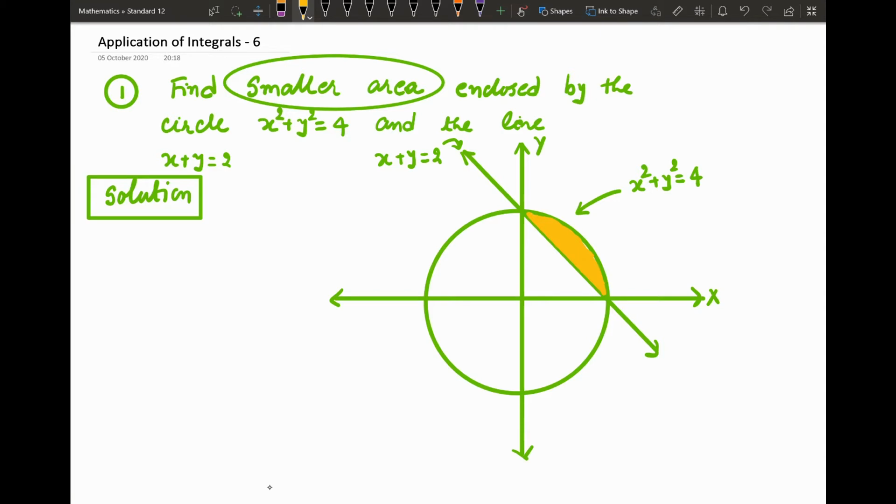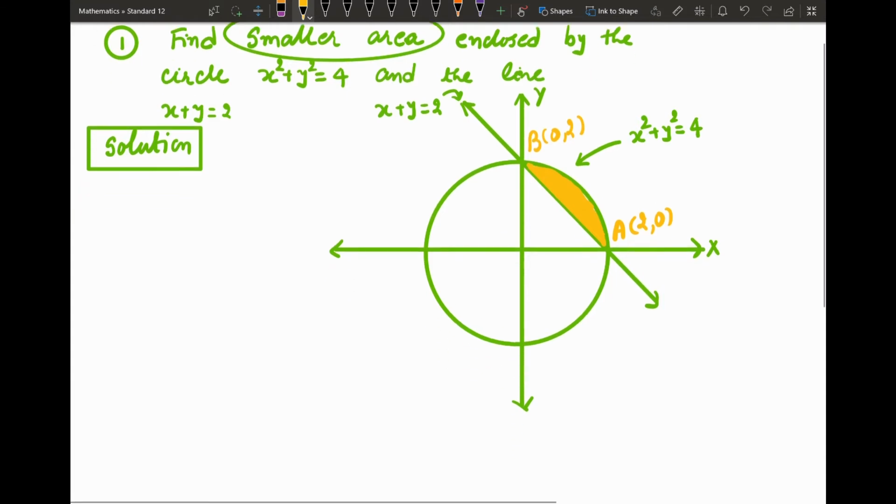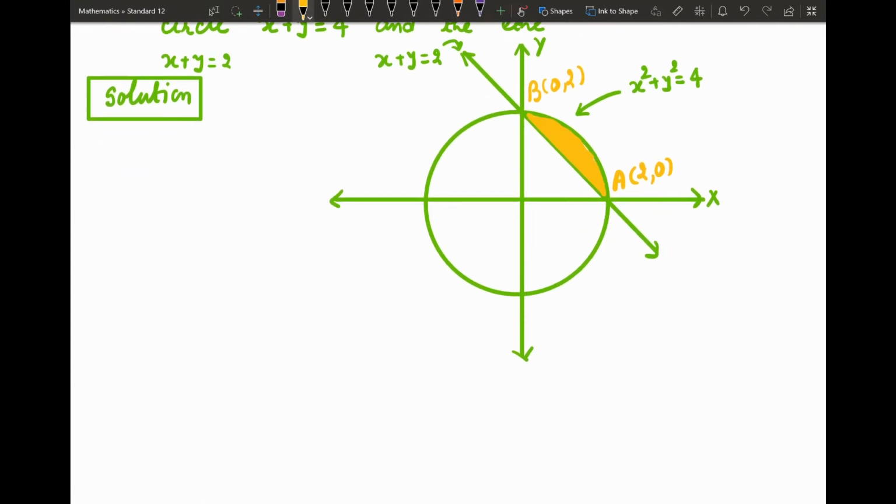So when we find the coordinates here, A is (2, 0) and B is (0, 2). So two curves intersect each other.